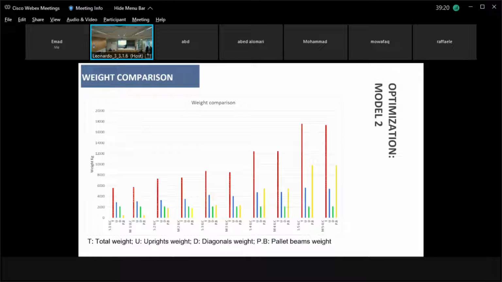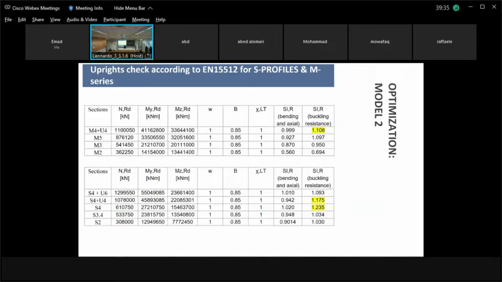We can see that for the first two models, the weight of the S profiles is lower than the M series, while for the other three, the M series profile is lower than the S profiles. Now moving to the comparison between the general method and the method indicated in the EN standards, we can see that for some members, the verification checks were not satisfied.